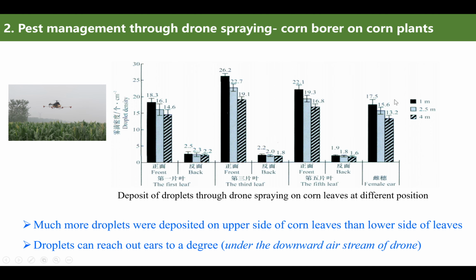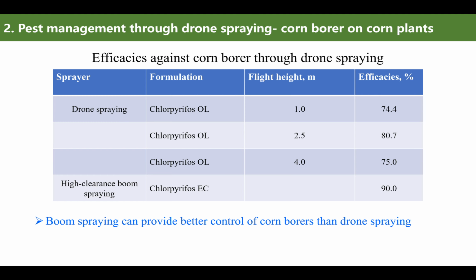This is because the downward airstream of drones can blow the droplets onto the ear. This table is the control effects of the treatments. You can see boom spraying can provide better control than drone spraying.